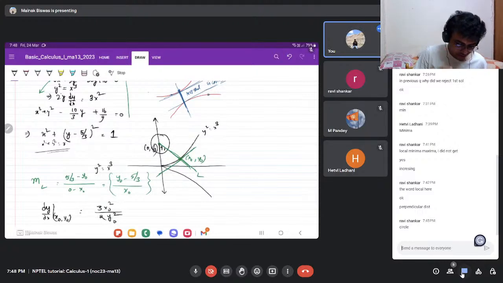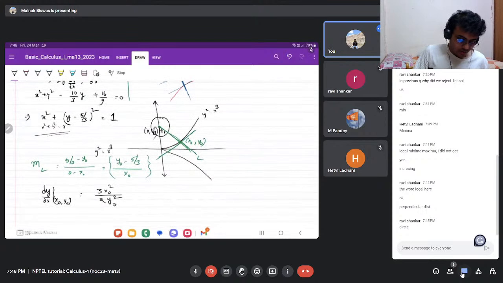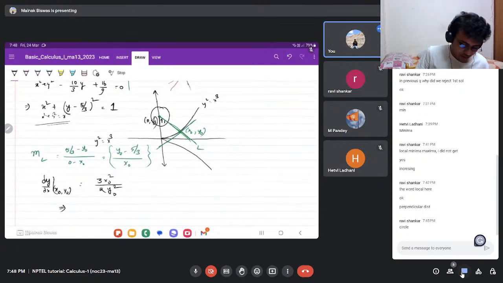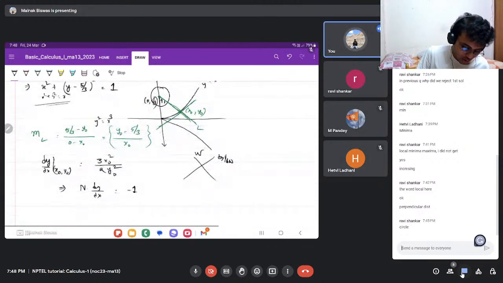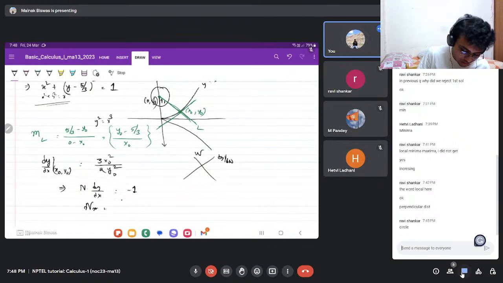Agreed? Or what is the slope of the normal? Normal into dy dx is minus 1. They are perpendicular lines. Yes, sir. And so your normal slope is minus 2y naught by 3x naught square. Agreed?